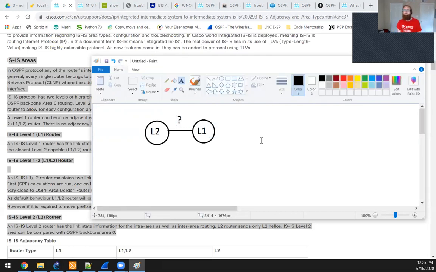3, 2, 1. The answer is no, because you can't have an adjacency between purely level 2 and purely level 1, because it's not using IP protocol. It's using CLNP, some special network protocol specific to ISIS.